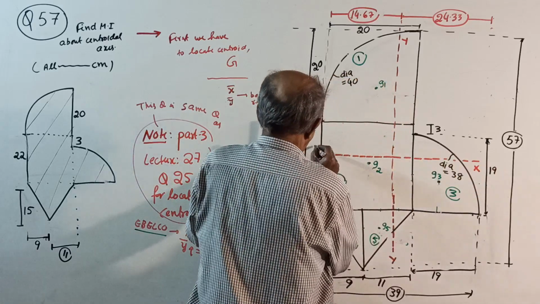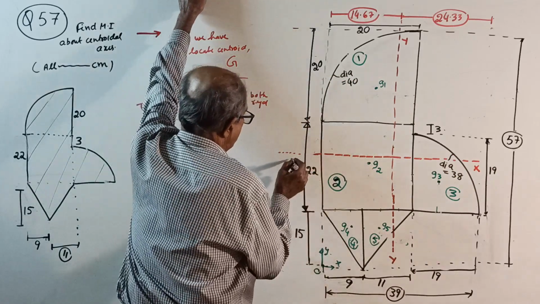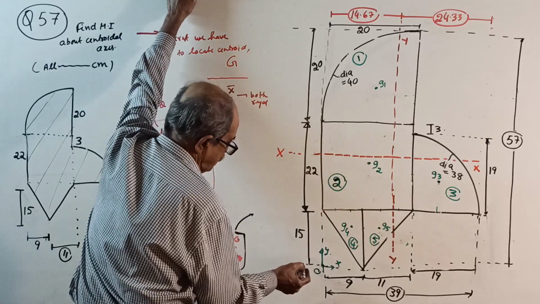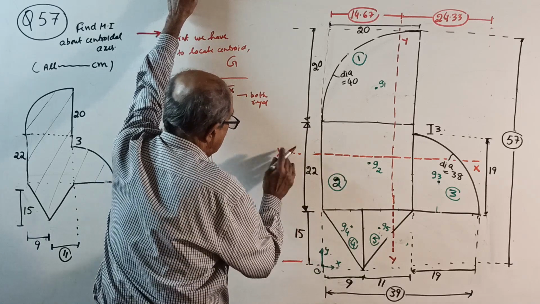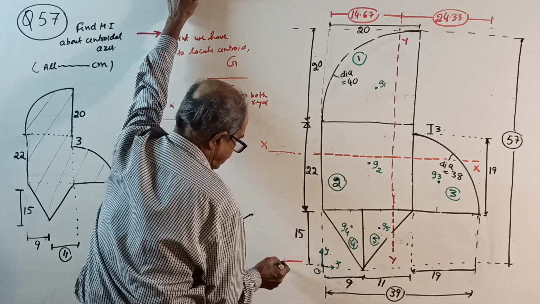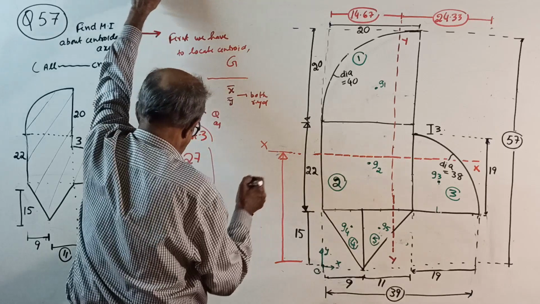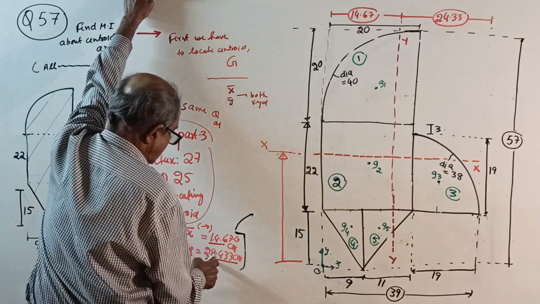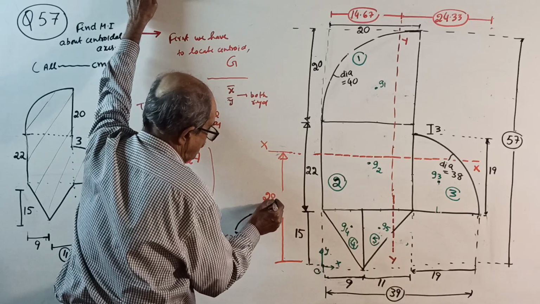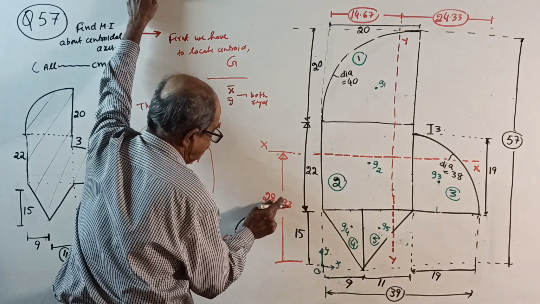This is the x axis. If I project that axis here, I'll put x here. From the bottommost edge to this axis is your y bar, 28.433. I write it this way whenever the space problem is there.